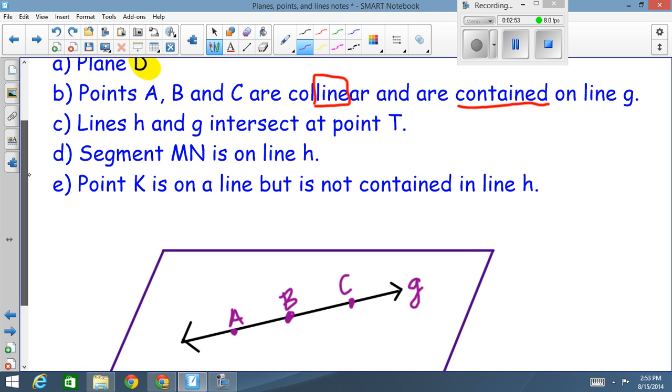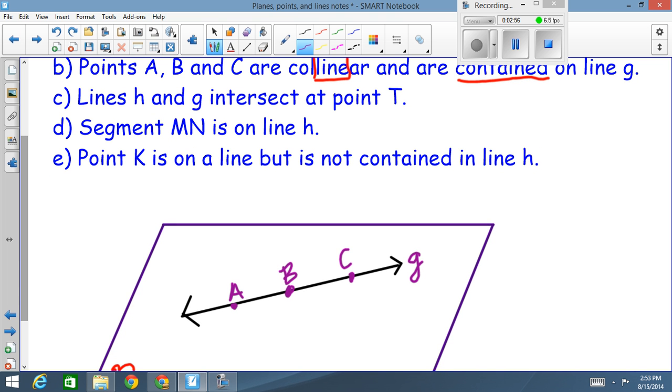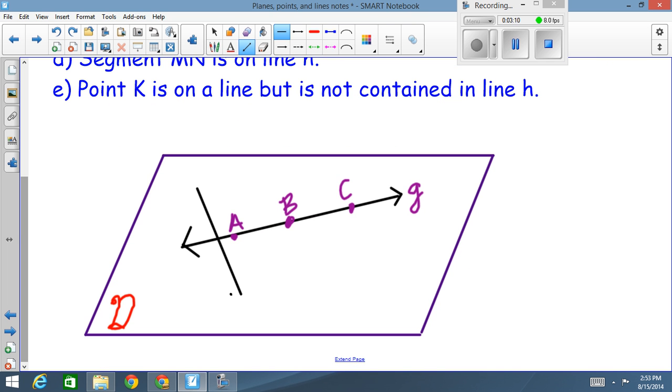All right. Next, we want lines H and G to intersect at some point called T. Well, there's no line H yet, but we do have a line G. So really, wherever we want to, we need to draw another line that intersects with G, like such.